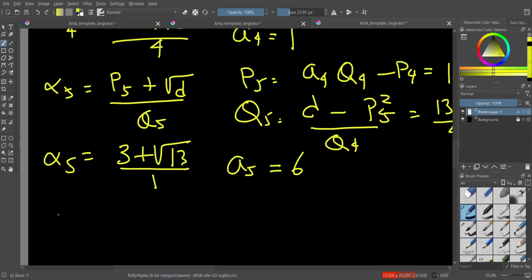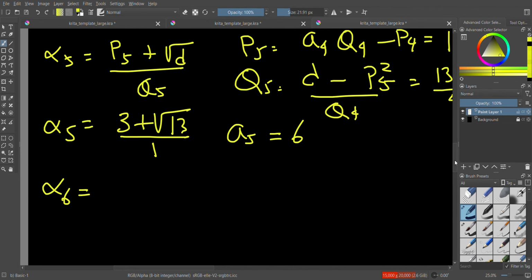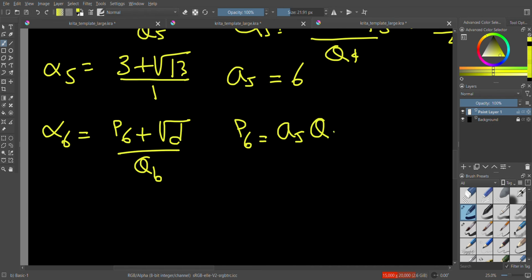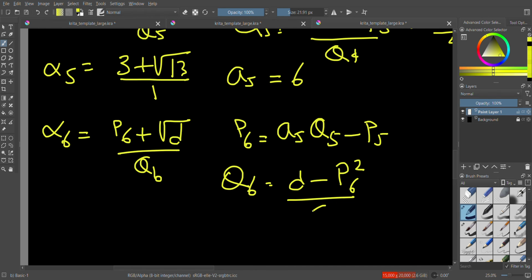Yeah. All right, so now let's do alpha sub 6. Okay, alpha sub 6 is P6 plus square root of D over Q6. P6 is A5 Q5 minus P5, and then Q6 is D minus P6 squared over Q5.